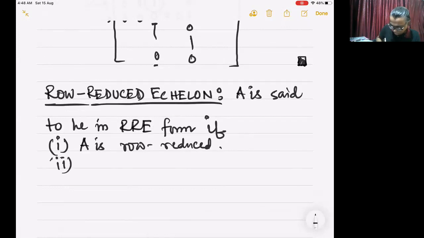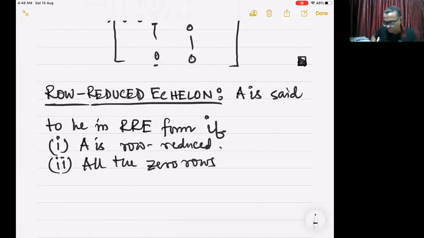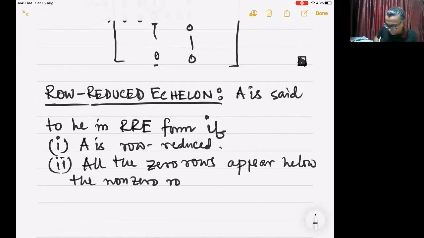Secondly, all the zero rows, that is rows containing only zeros, appear below the non-zero rows. That means a row that has every entry 0 must appear below the rows that have at least one non-zero entry.